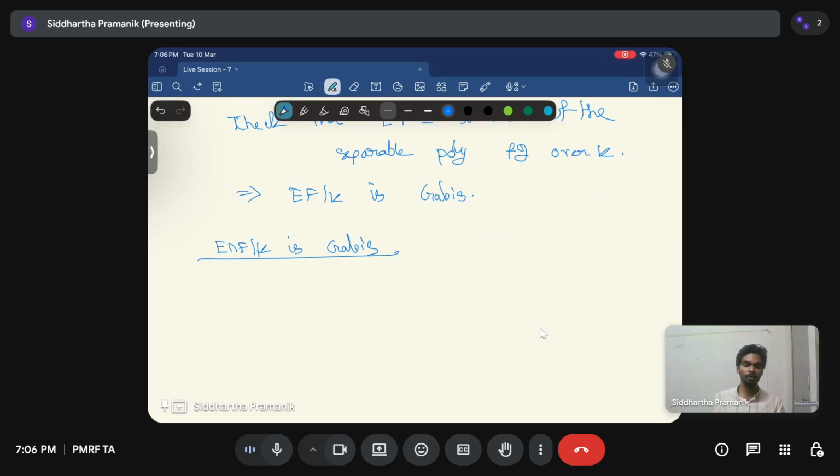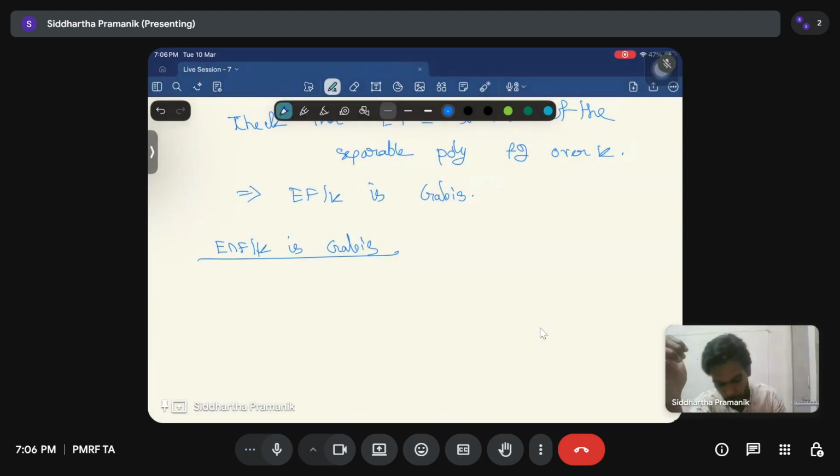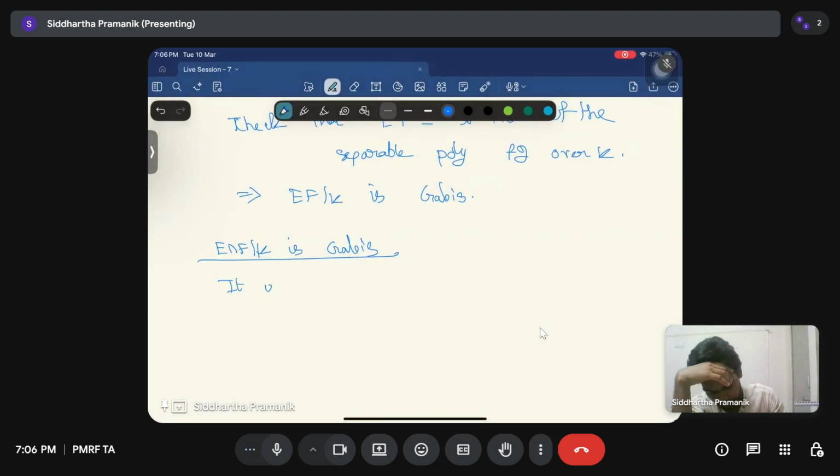It is sufficient to prove that it is normal because separability is not an issue, because we know that separability is transitive. So it is sufficient to prove that E intersection F over K is normal.